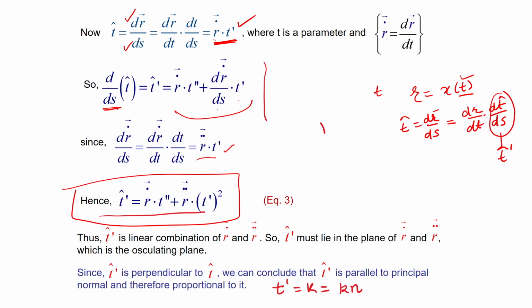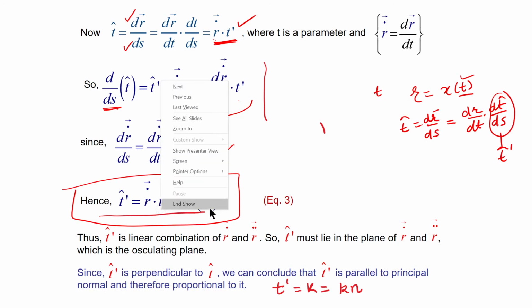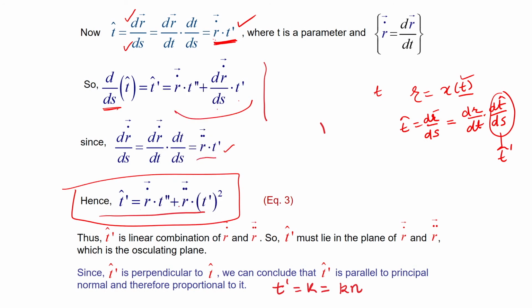The reason for deriving this equation is that this will help us find the normal curvature, or the definition of a curvature, that is, how do you define a curvature in terms of a normal and some variable. So, the differentiation of tangent vector t with respect to s can be represented by second differentiation and first differentiation, r double dot and r dot.